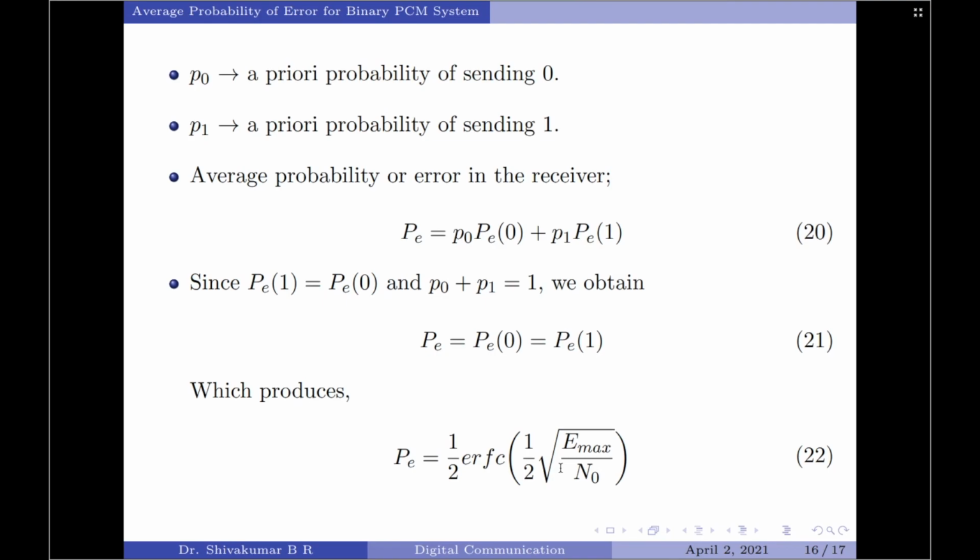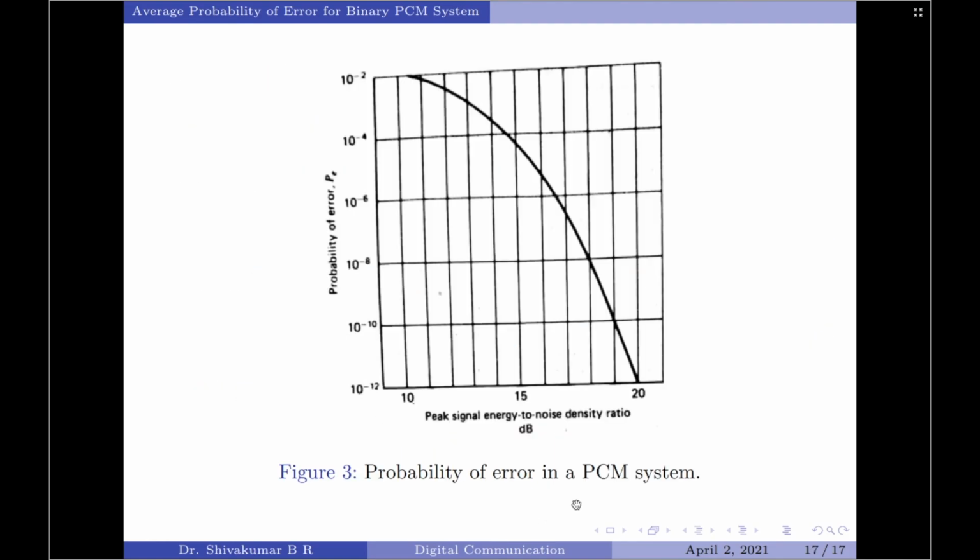Now, the important thing that has emerged from this analysis is that the average probability of error PE at the PCM receiver depends only on the ratio of the peak signal energy to the noise power spectral density measured at the receiver output. In fact, to support this statement, we have shown a graph which has probability of error along the y-axis and peak signal to noise density ratio on the x-axis.